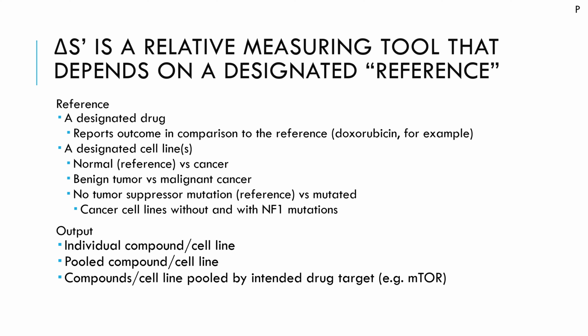But that's going to be a different use of delta S than, for example, what we talked about before, which was the pooled delta S, where we were looking at populations of cell lines where one gene had one state and that same gene had a mutated state.